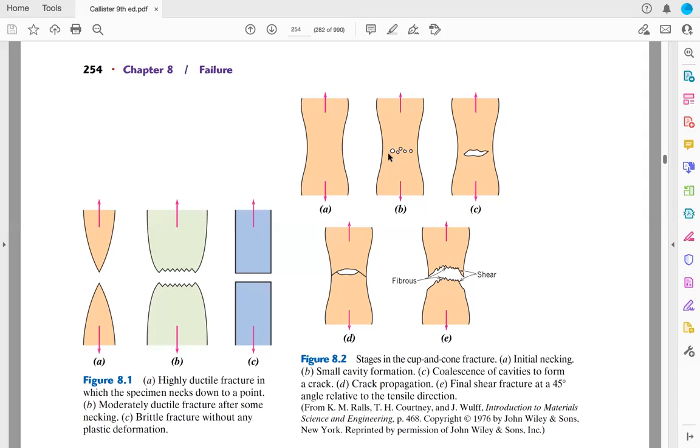Our friends in mechanical engineering and materials engineering know that very well. There are certain methods to detect cavities and cracks inside the metal, for example using ultrasound, using X-ray, or using a dye, tinta.